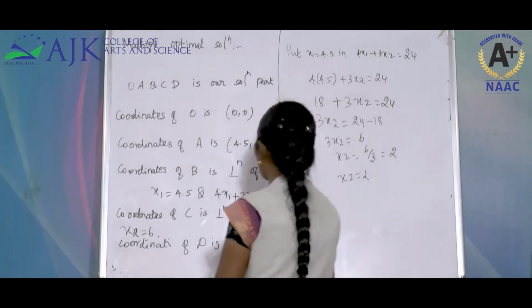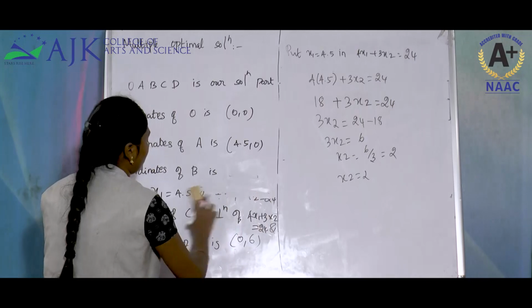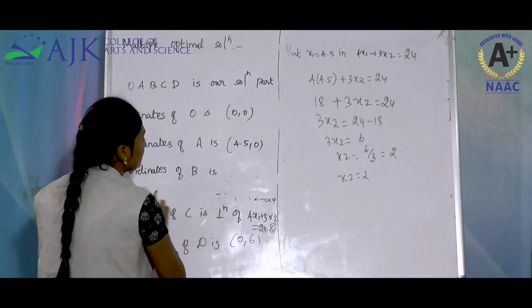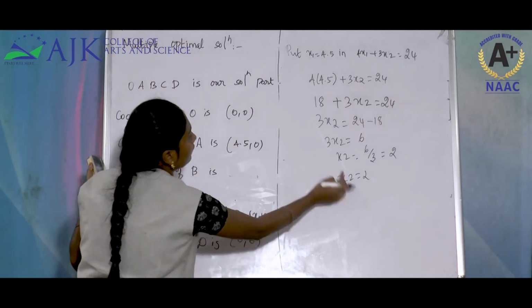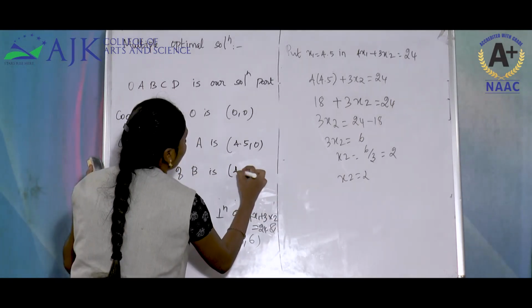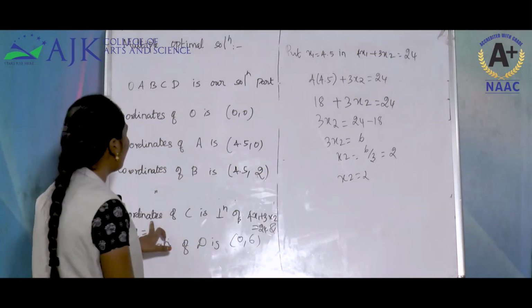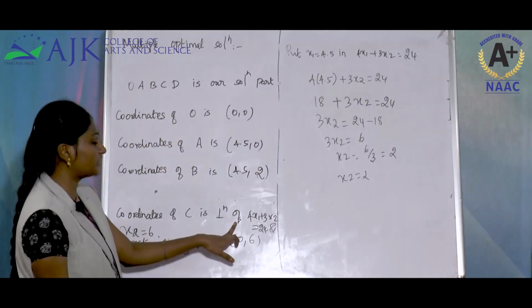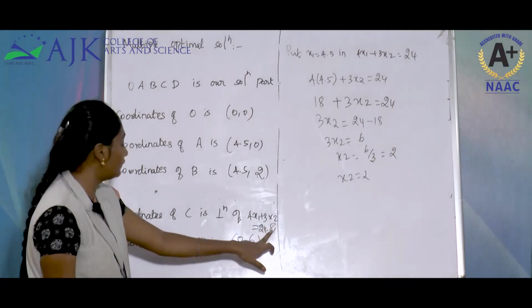So coordinate of B is what? Coordinate of B is 4.5, 2. Is it clear?